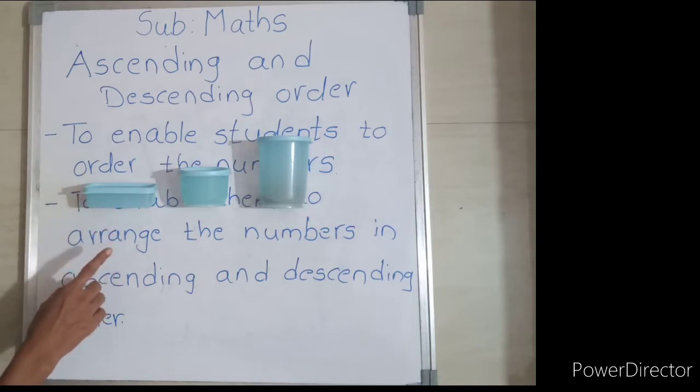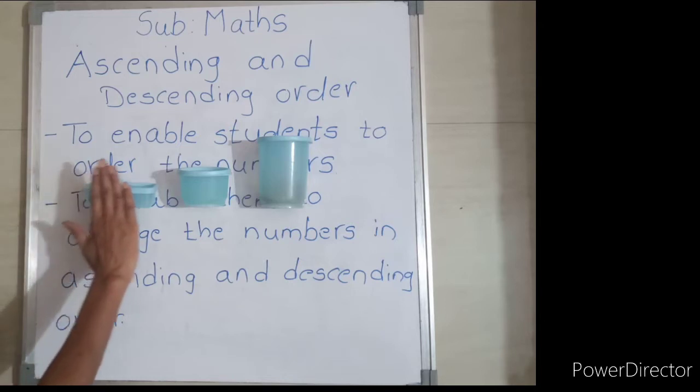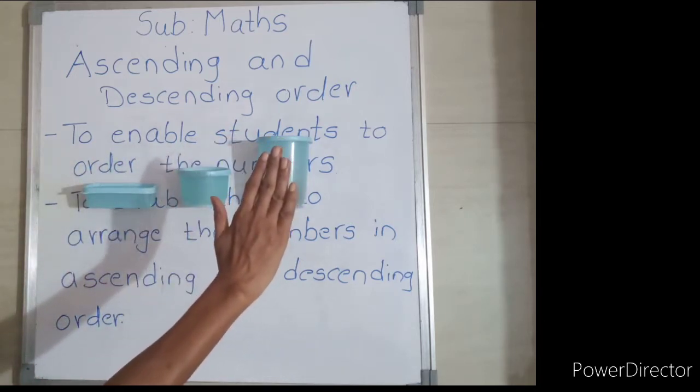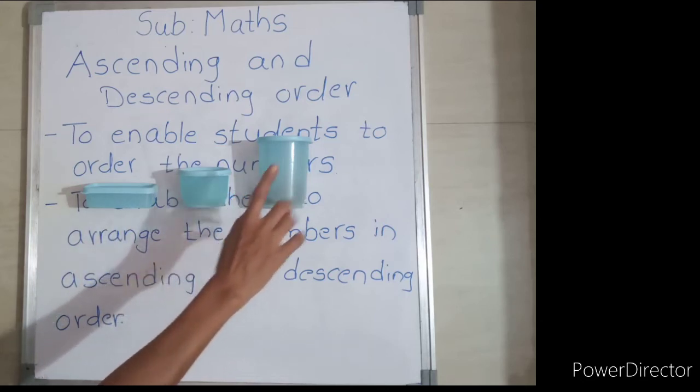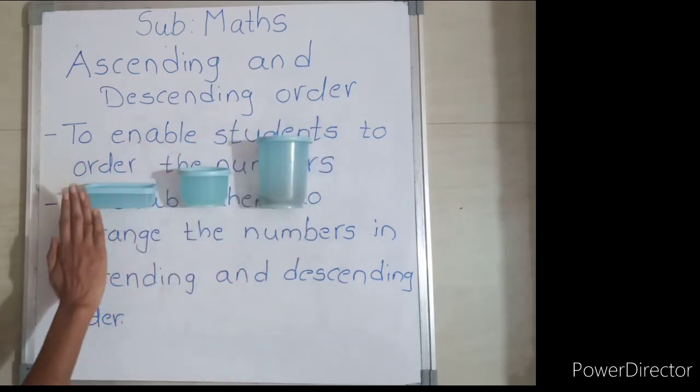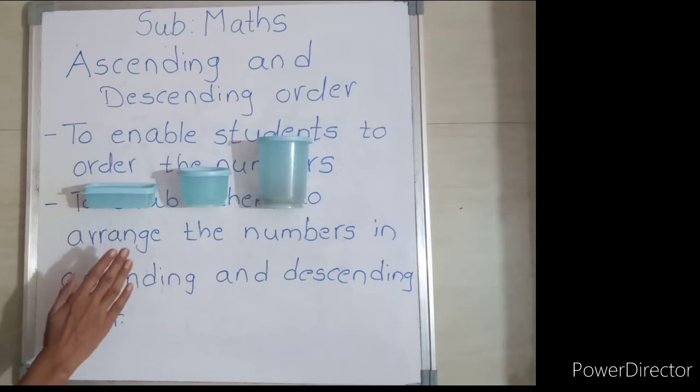Now after arranging this, if I say I arrange this from smaller to bigger, it means it is ascending order. And if I say I arrange this from bigger to smaller, it is descending order.